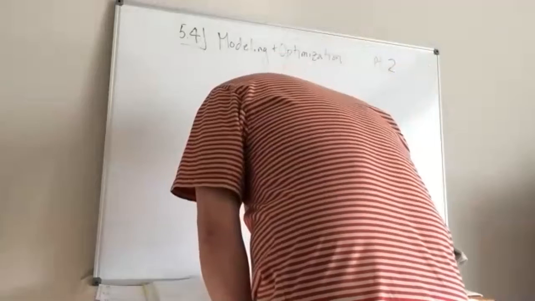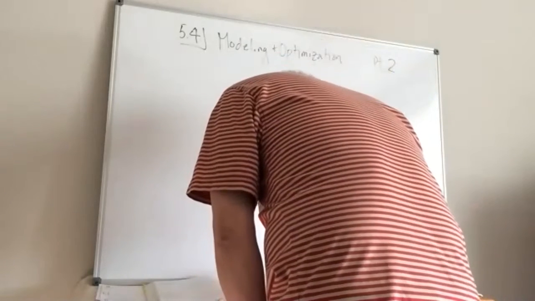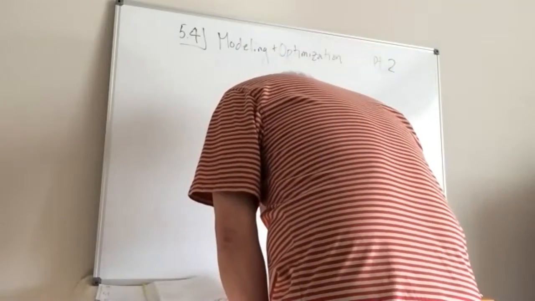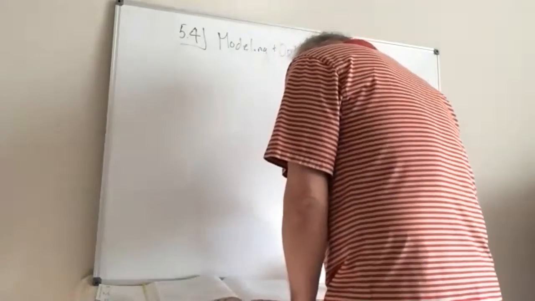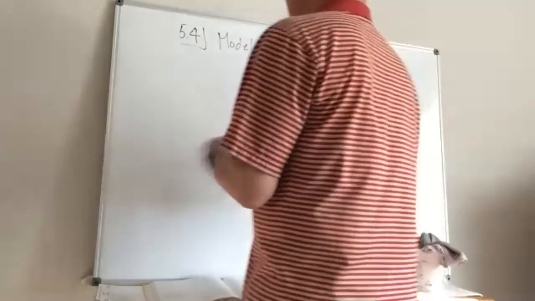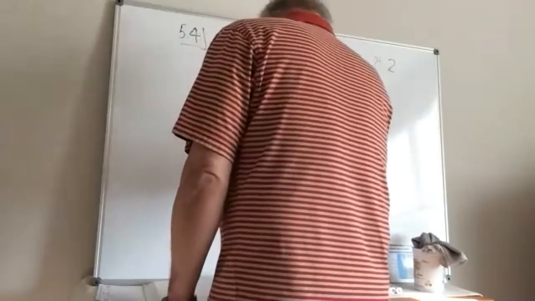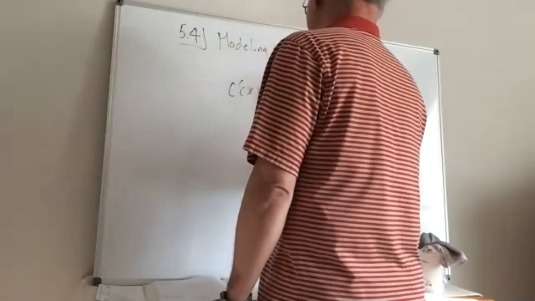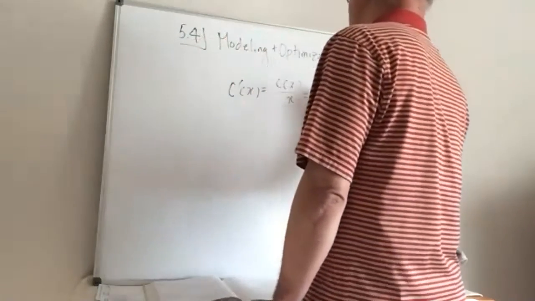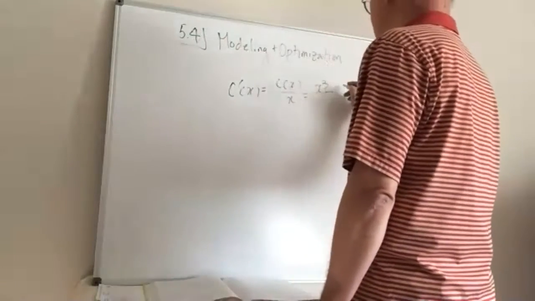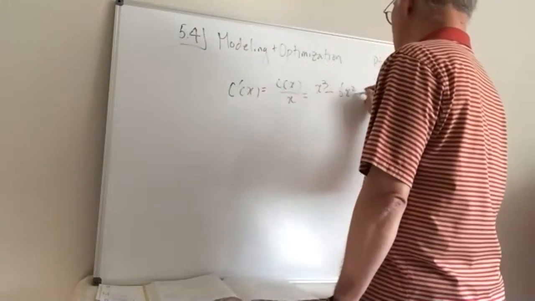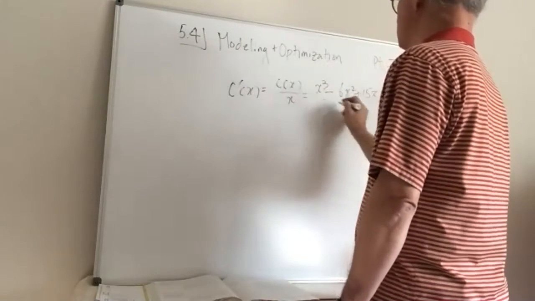Suppose that C of x is that, and so where is it? So I'm going to have what? I was told that C prime of x was equal to, we just found that, was that. So that's going to be what? X cubed minus 6x squared plus 15x over x.